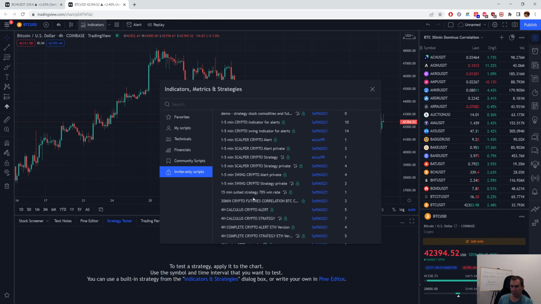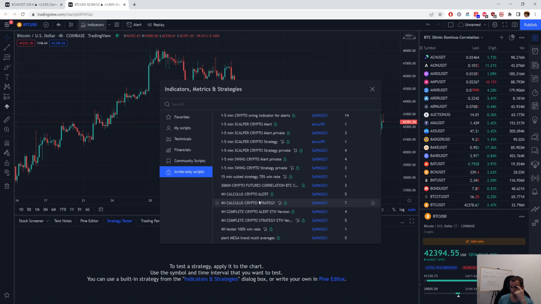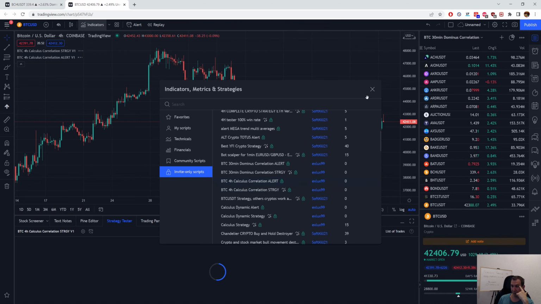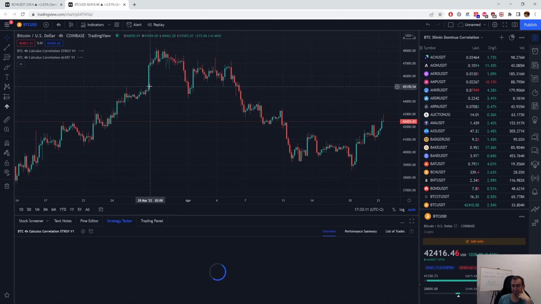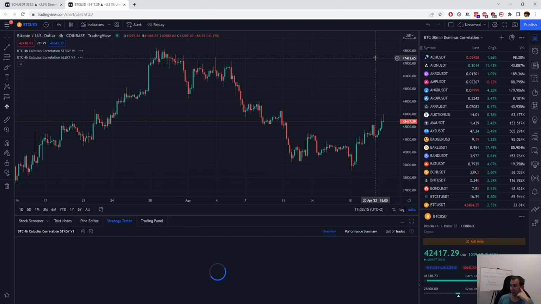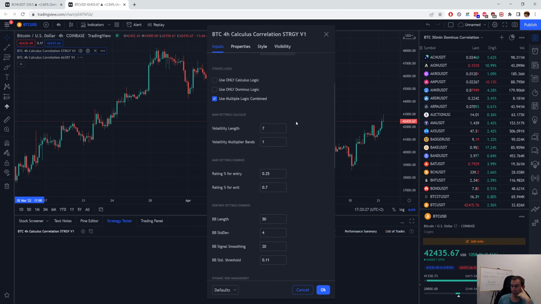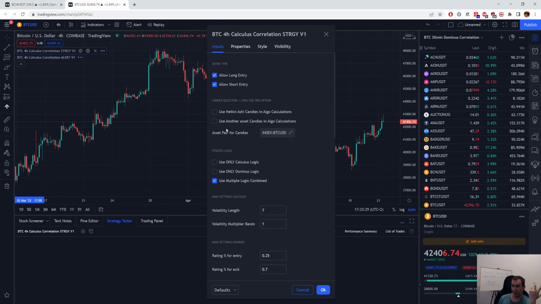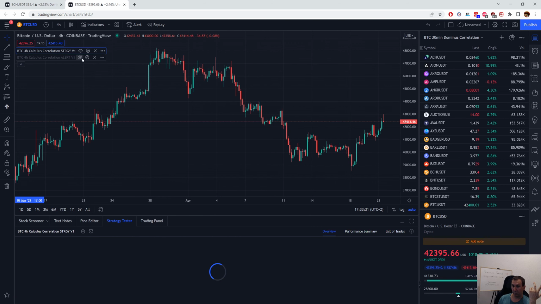So yeah, 30 minutes, 4 hours. What is this? BTC 4 hours calculus correlation. For some reason it doesn't want to start, and I honestly don't know what's wrong with it. It's not from me, I repeat, it's from TradingView itself. So we have to have some patience, it looks like. Because even if I disable it, in theory, it doesn't care.